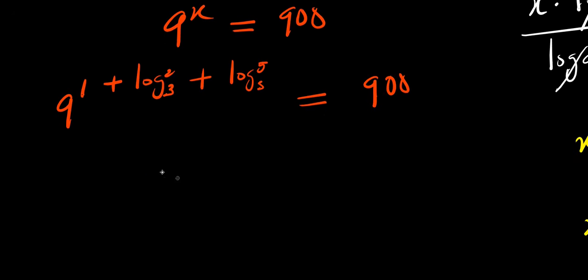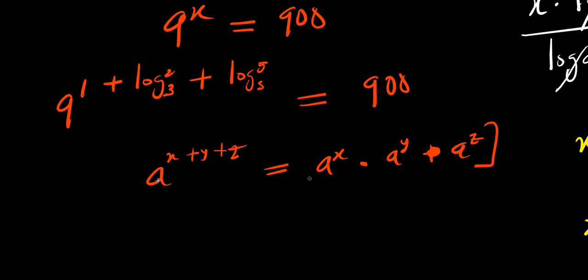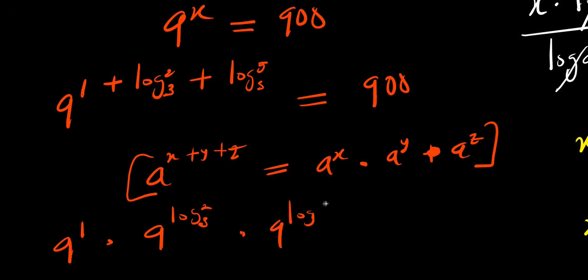Now, if you have a power x plus y plus z, it equals a power x times a power y times a power z. So you have 9 power 1 times 9 power log 2 to the base of 3 times 9 power log 5 to the base of 3 equals 900.